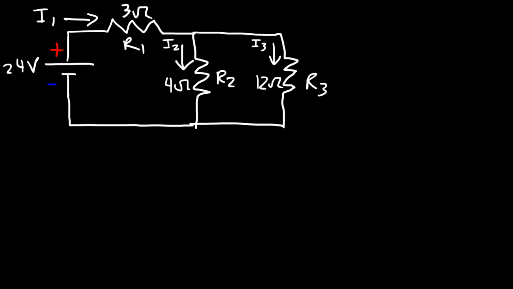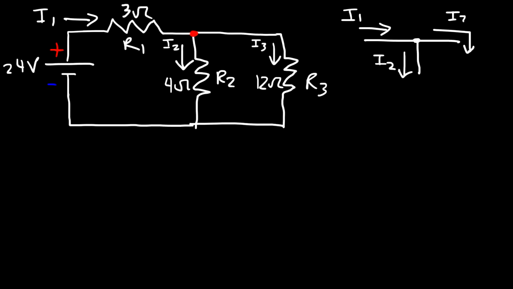Now, using Kirchhoff's junction rule, or his current law, let's focus on this junction here. Notice that we have a current I1 which flows into the junction, and I2 leaves the junction. I3 also leaves it to go this way.